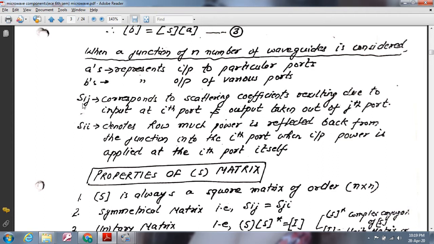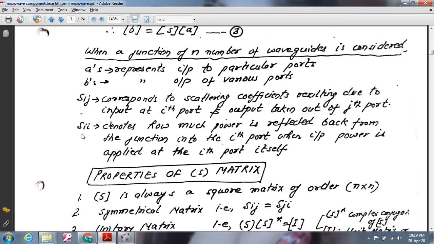Here this i represents the port where we have connected the source, and output taken at the jth port. So Sij means scattering parameter, where i represents where we have connected the source and j where we have taken the output.